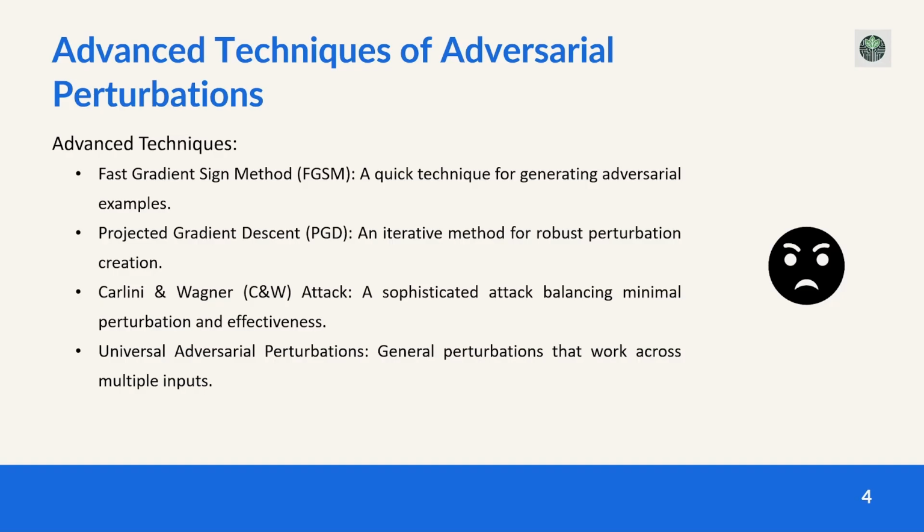Finally, universal adversarial perturbations extend across multiple inputs, demonstrating how these attacks can generalize to defeat these AI systems and deceive different data sets or systems. There will be another video that goes more in depth here.